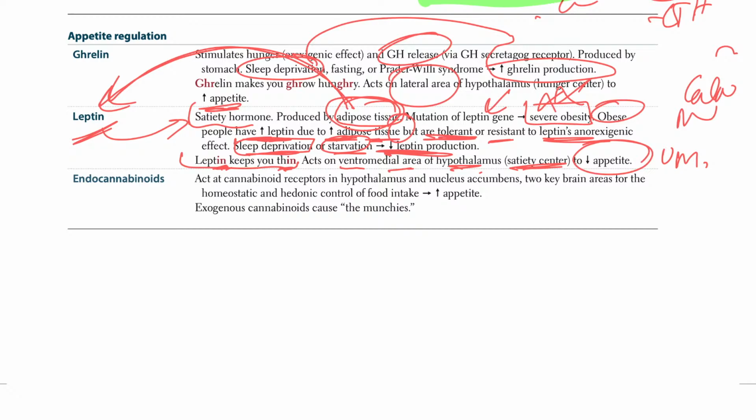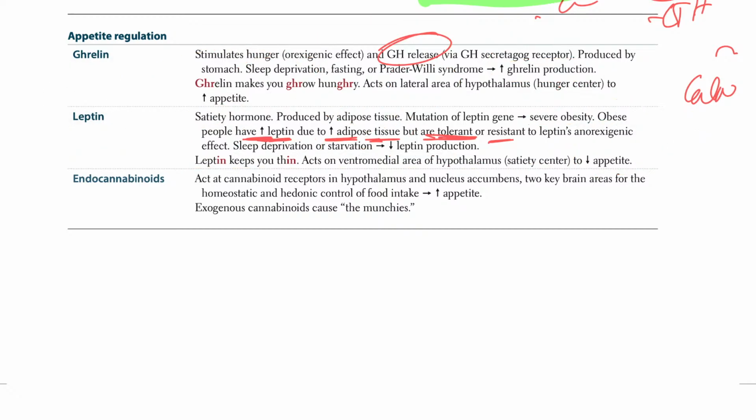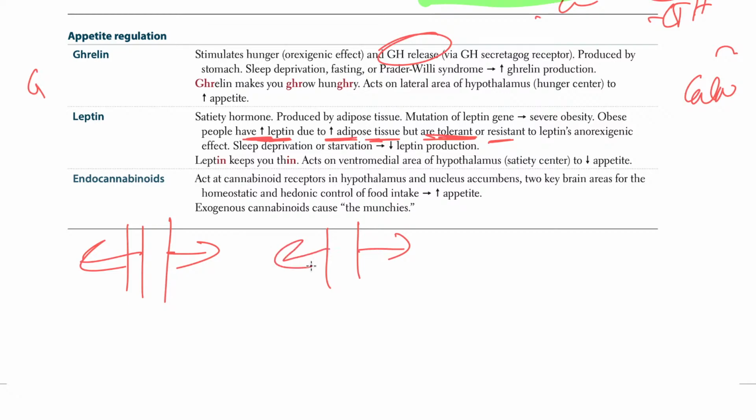So the mnemonic is going to be something like this. Ghrelin makes you grow laterally. When you grow, for example, this is a normal person, you're going to go laterally. You're going to get big. So ghrelin makes you grow laterally. You can remember ghrelin works on the lateral nucleus of the hypothalamus.